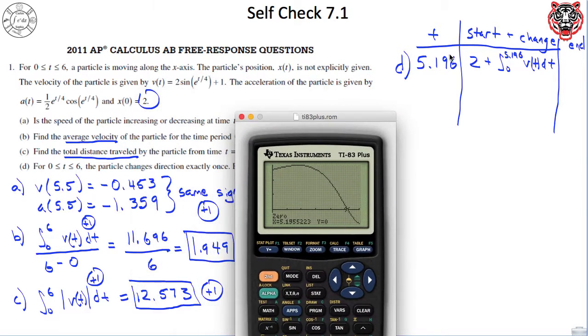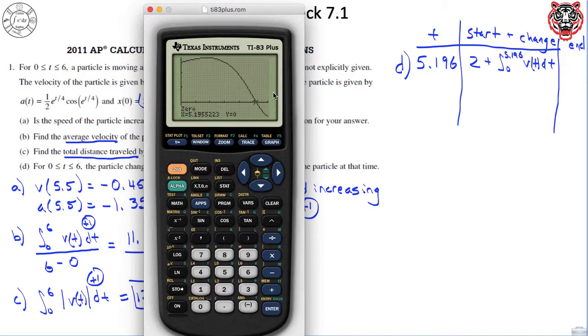All right, so now I need to calculate that integral. The way that I do that is I go to my graph and I do second trace, 7, between 0 and 5.196. Wait, what did you click? Second trace and then 7. We're doing the integral.